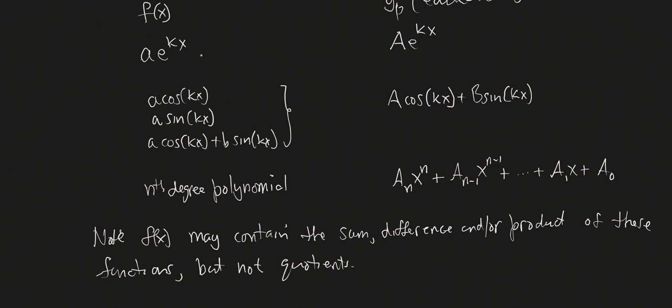In this method, you need functions that are easily differentiated, and not only that, but when you differentiate them, the type of function stays the same. Repeated differentiation of an exponential like this produces another exponential. Repeated differentiation of a function of these trig types, all three together, will produce another function of the same type.